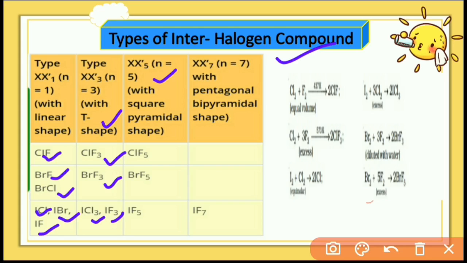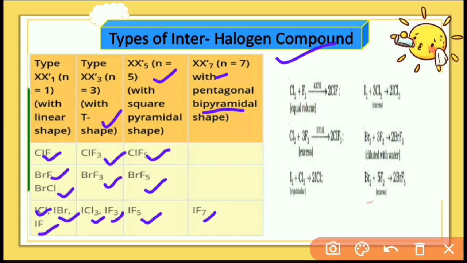For example, chlorine pentafluoride, bromine pentafluoride and iodine pentafluoride. Next type of interhalogen is X-7. Its geometry is pentagonal bipyramidal. Only one interhalogen forms this type, iodine heptafluoride.